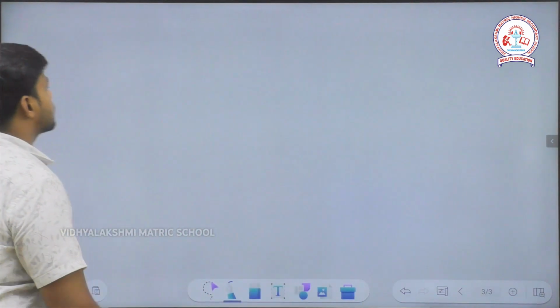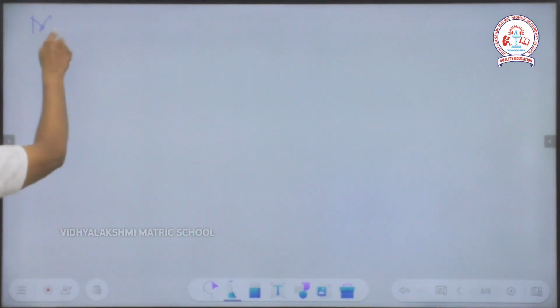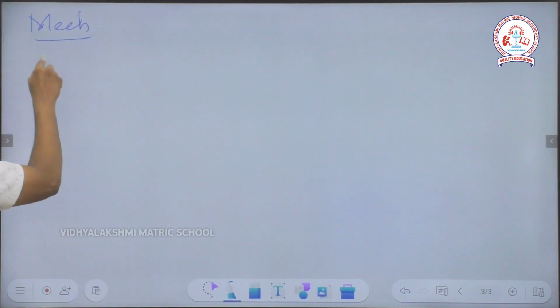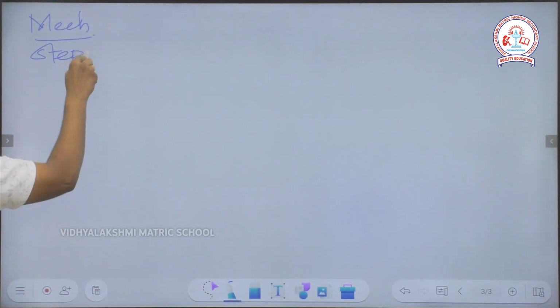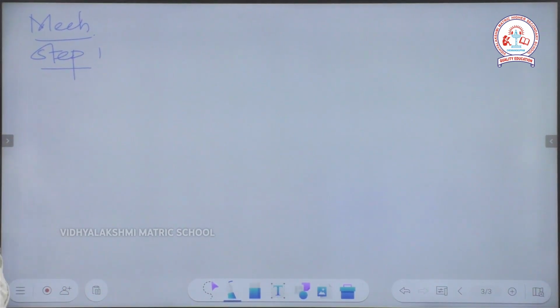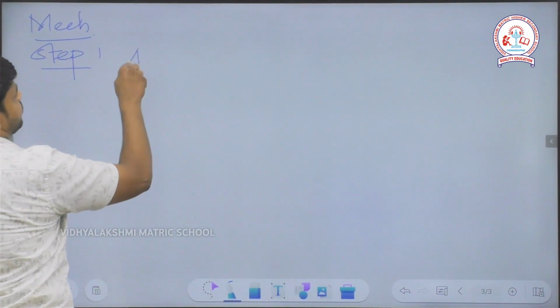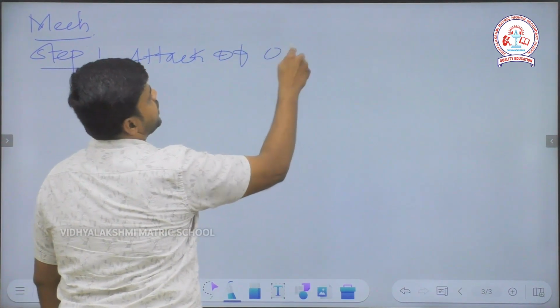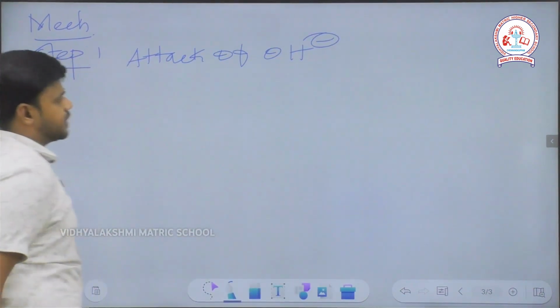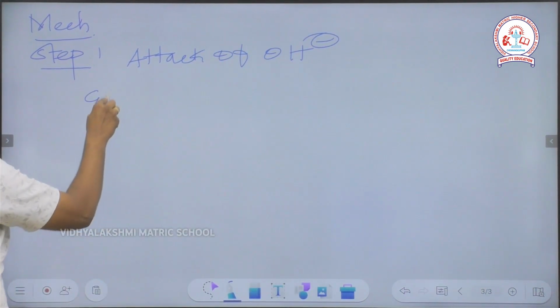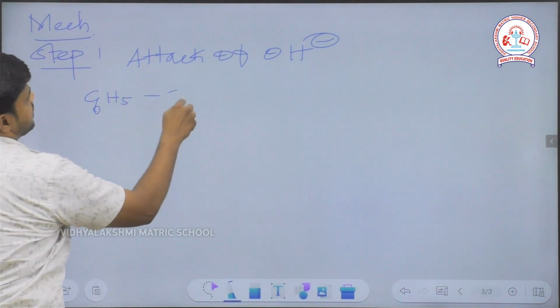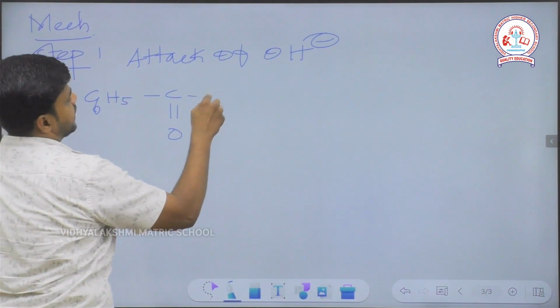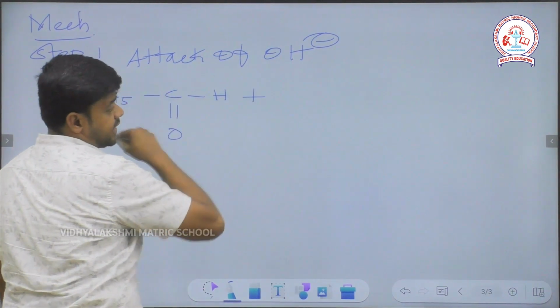The reaction mechanism goes in different steps. Very first step, step 1, is the attack of OH minus, the hydroxyl ion. See, C6H5, C double bond O, H. This is benzaldehyde.